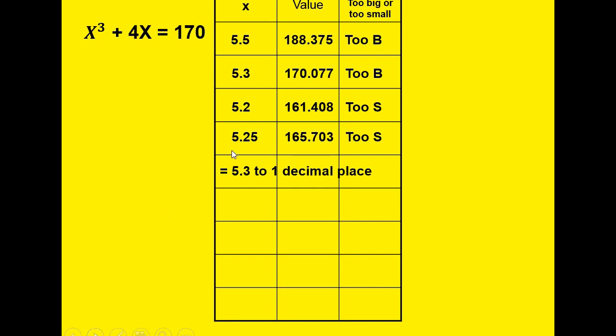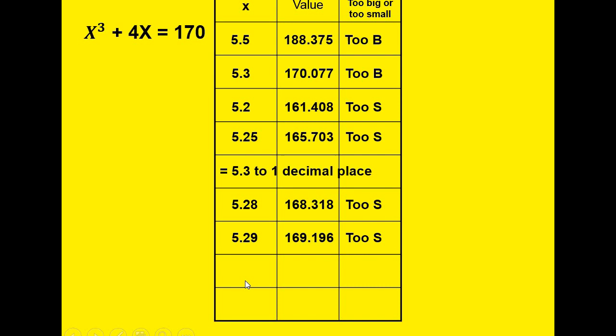I need to go to 2 decimal places. So I want to know if the answer is going to be 5.25, 5.26, 5.27, 5.28, 5.29 or 5.30 in fact. So look what I now try. I try 5.28 and that is too small. You've got to remember, by the way, that 5.3 is actually 5.30. So then I try 5.29 and that is too small. So I know the answer is between 5.29 and 5.30 because look, that was too big and 5.29 is too small.